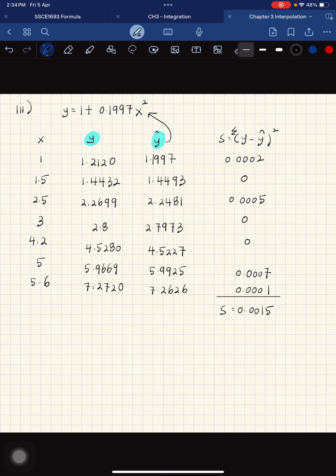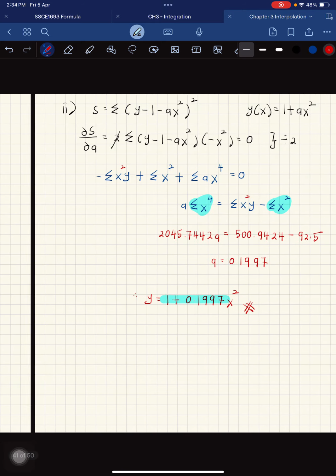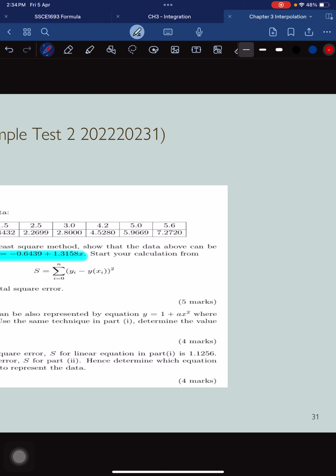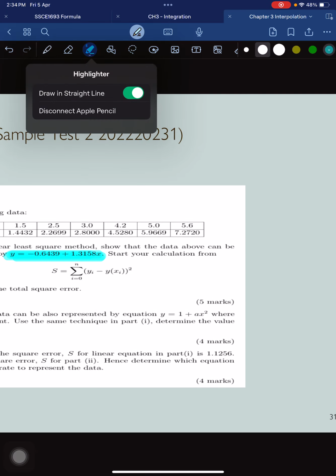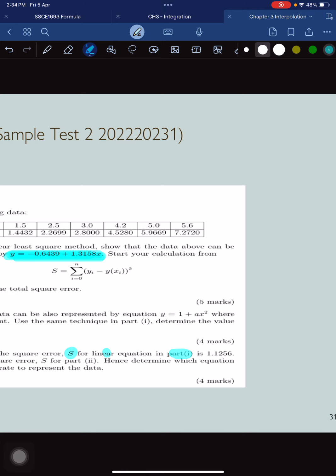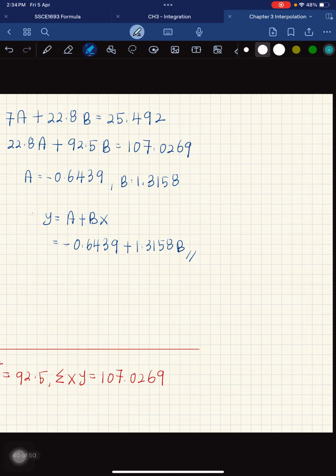And then just now the question, the S for part 1 is 1.1256.